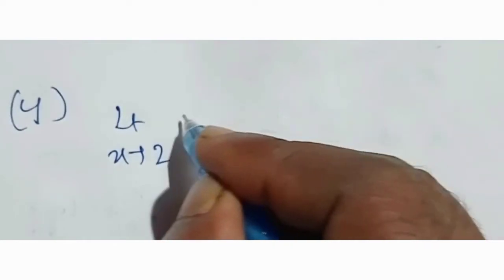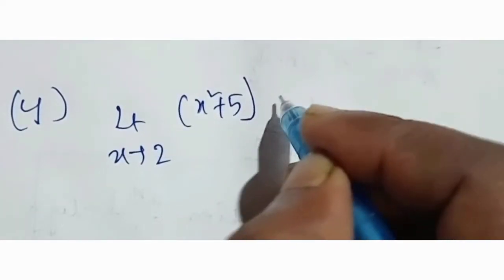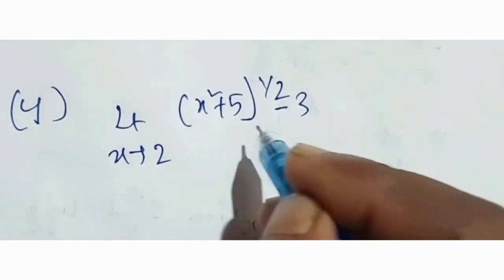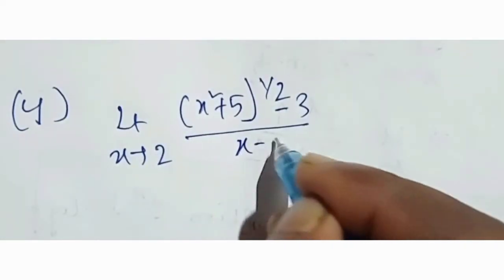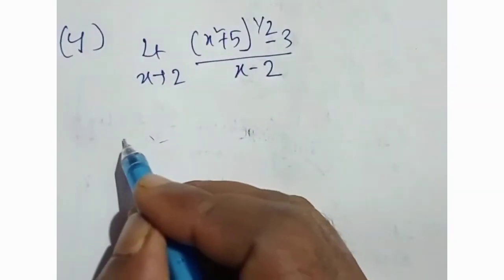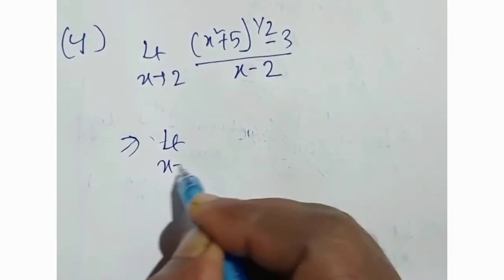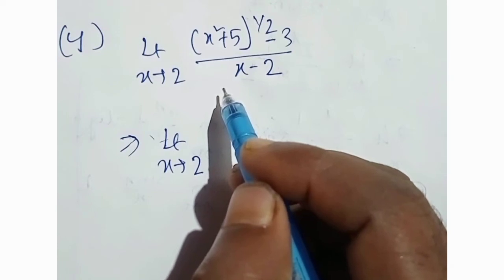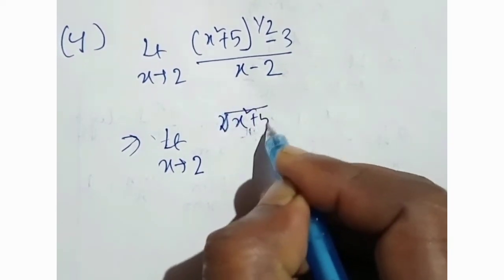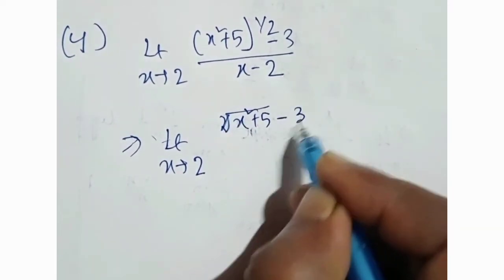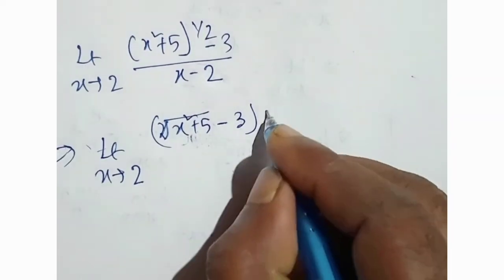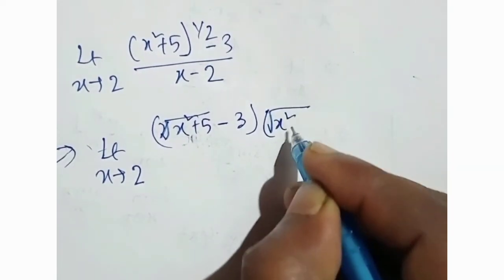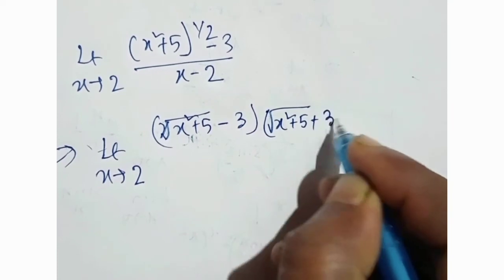So guys, our next problem is limit x tends to 2 of (root of x square plus 5 minus 3) by x minus 2. Okay, so guys, what we'll do here is limit x tends to 2. To remove this root, we'll multiply both numerator and denominator by root over x square plus 5 plus 3. So this is like x square plus 5 minus 3, and we'll do root x square plus 5 plus 3.